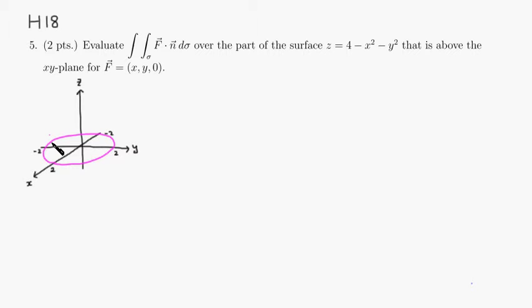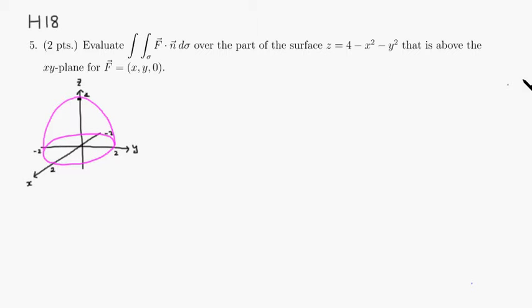Then it's a paraboloid, so it's going to look kind of like this. That's going to be 4 right here, so that's the top of the paraboloid.